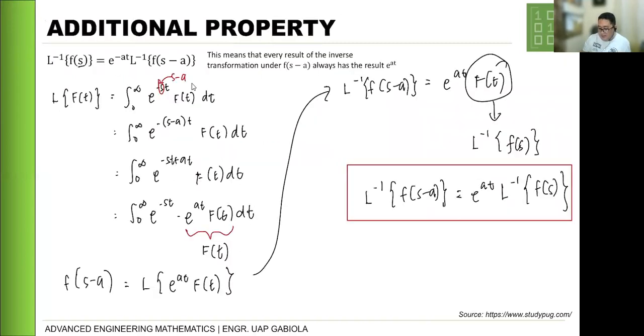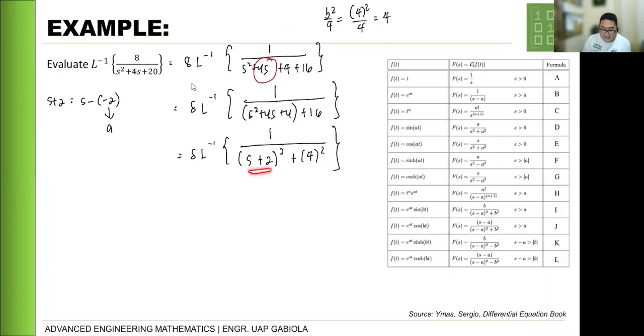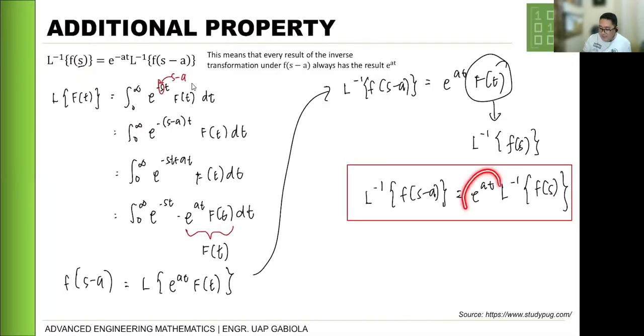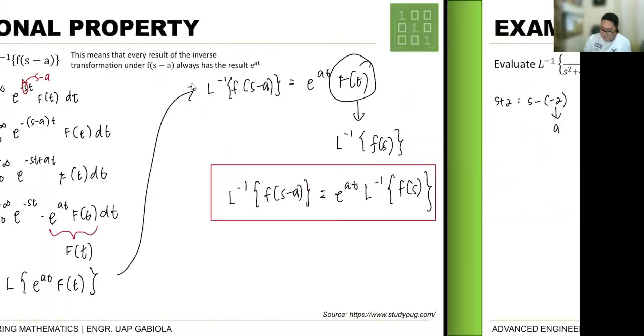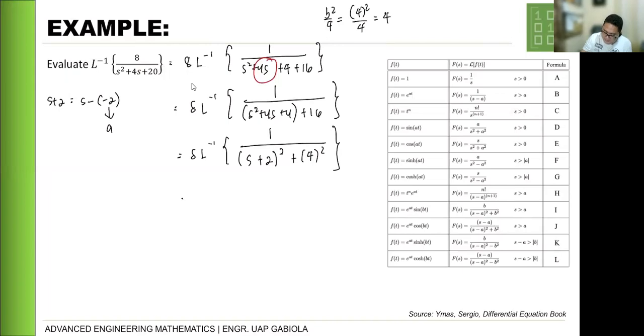Okay? Nasabi niya, if we like to eliminate or if we like to transform yung s minus a, which is dito meron tayong s minus negative 2, gagawin natin, introduce natin yung e^(at). So yung e^(at), magiging dito, 8 times e to the a t, ang a natin is negative 2t.